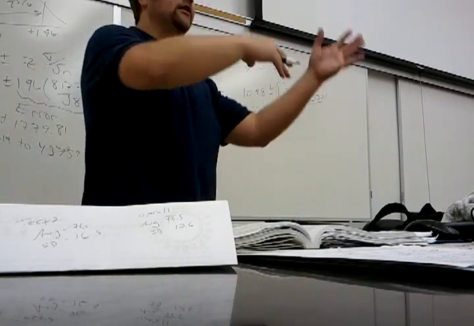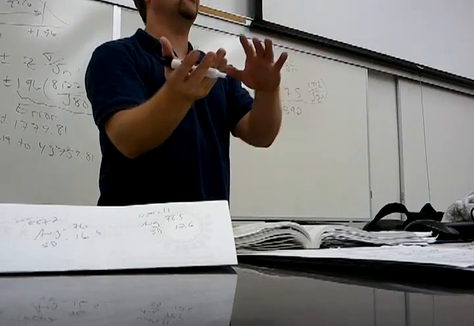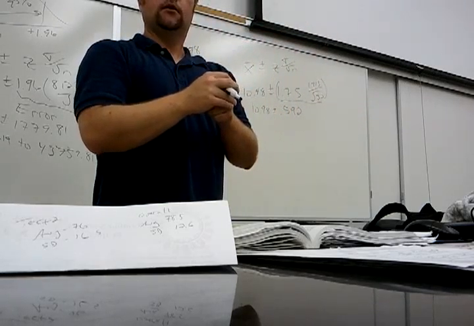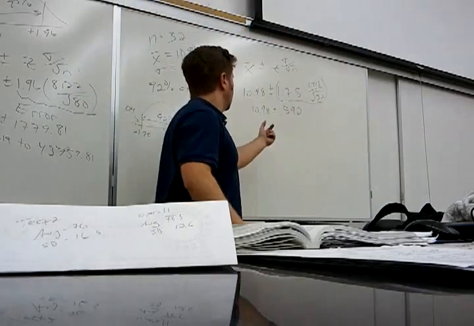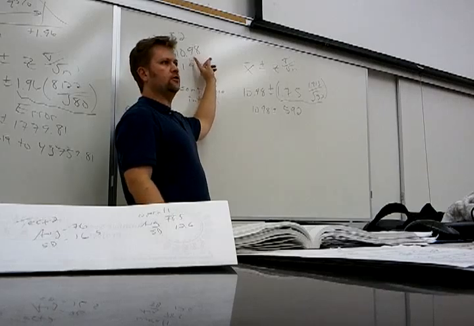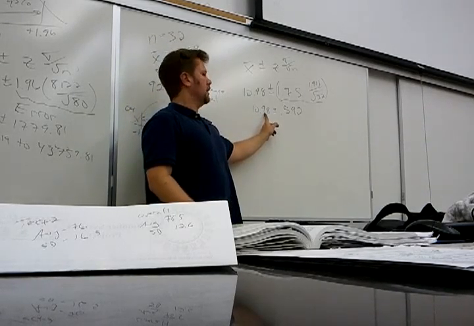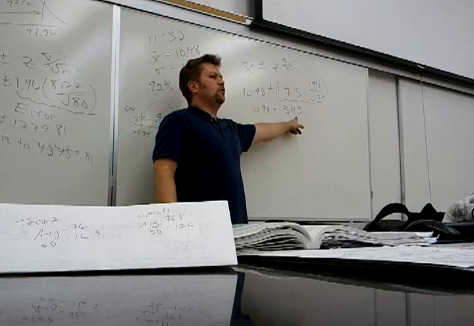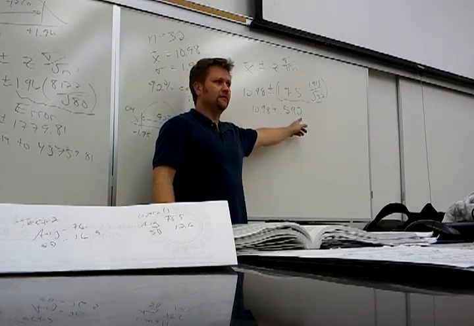Right? Then you add it to the 10.98. You subtract it from the 10.98, right? That's the idea. Right now I can say I think it's this: average shoe size 10.98, give or take a little more than half a shoe size, right?